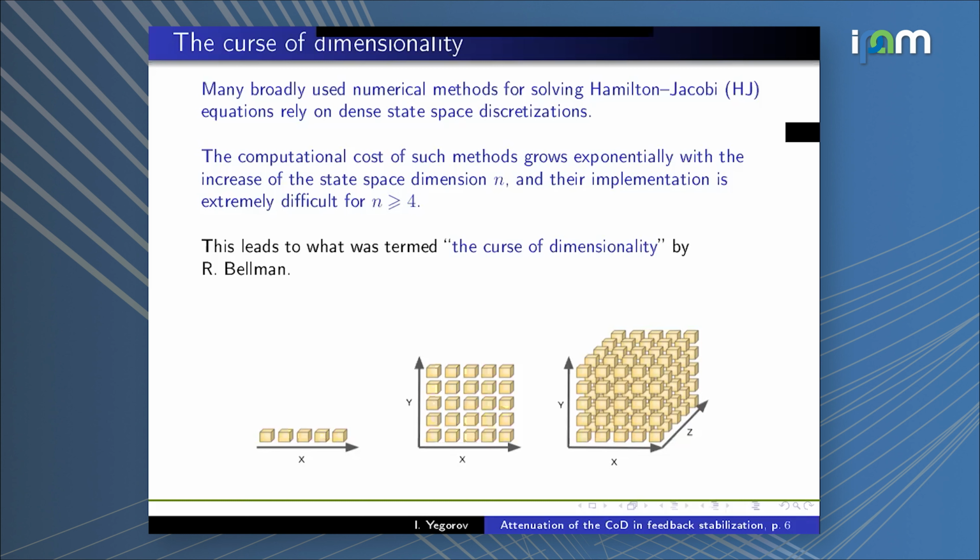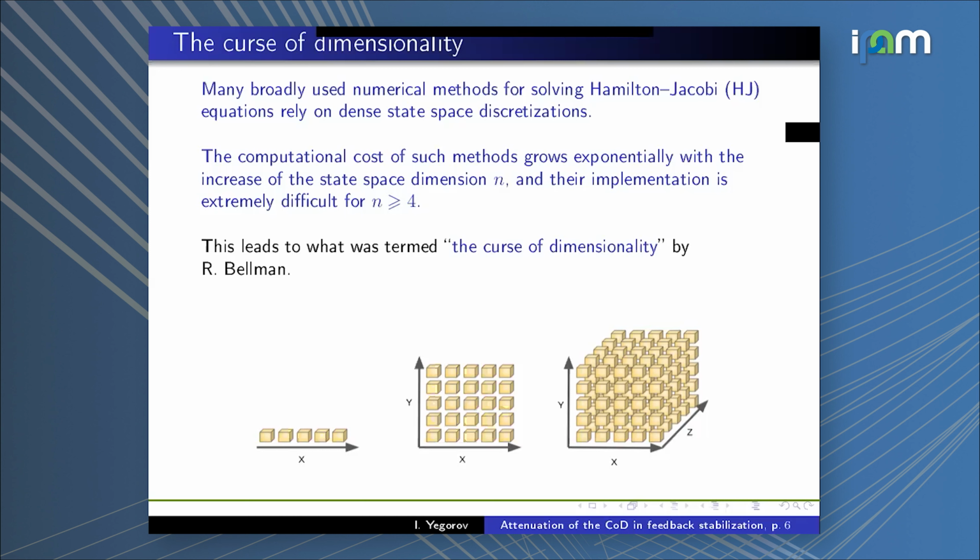For example, if our state space dimension is 4-dimensional, then our grid would be very, very large. And to achieve a desired accuracy, we actually have to take a very, very dense grid. And it would basically be almost impossible to handle this even if we use a supercomputer. And also, of course, the computational time will exponentially increase with the increase of the state space dimension.